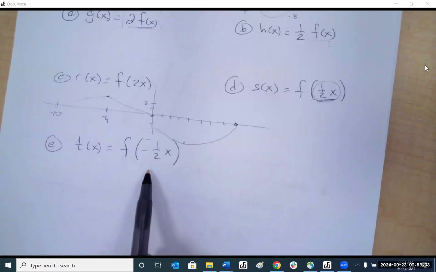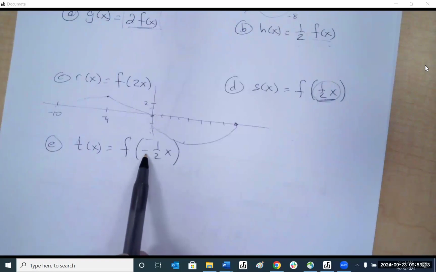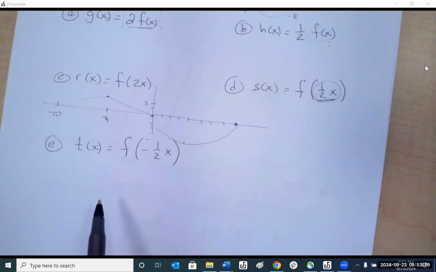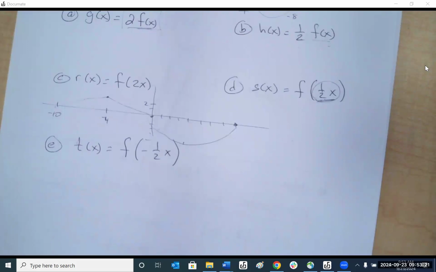What's this one going to do? Divide each x value by -2. But then what does that do? Change the sign so it's positive. So is it going to change horizontally or vertically? Horizontally.